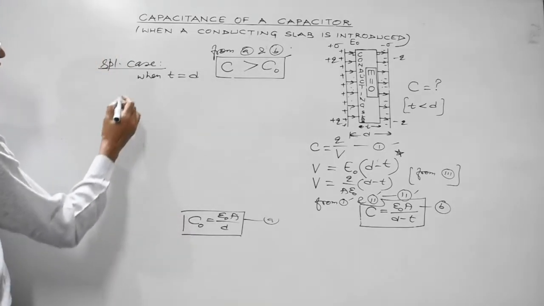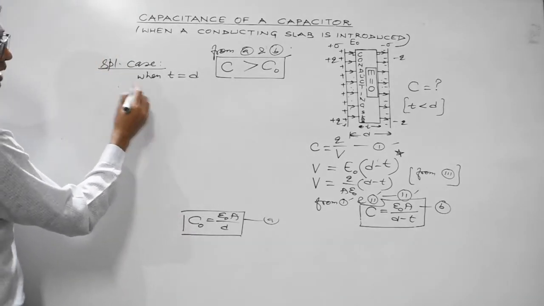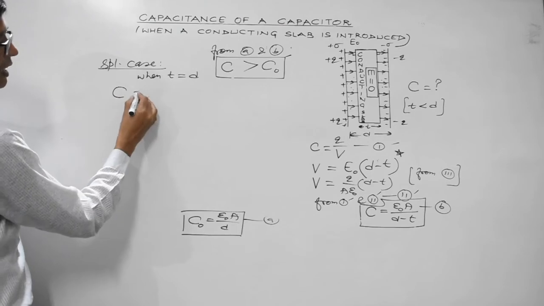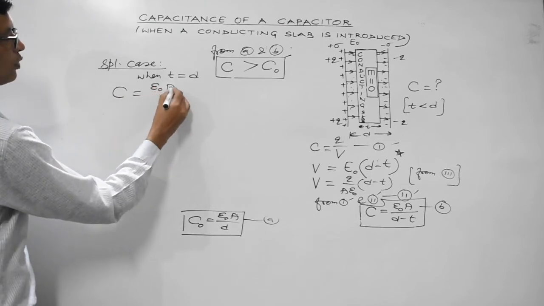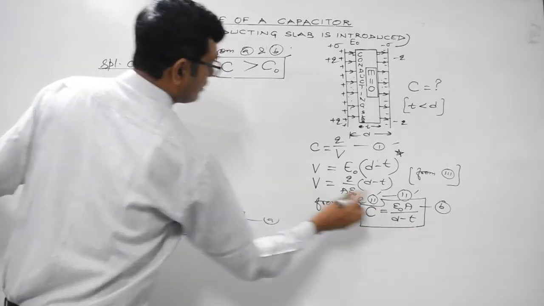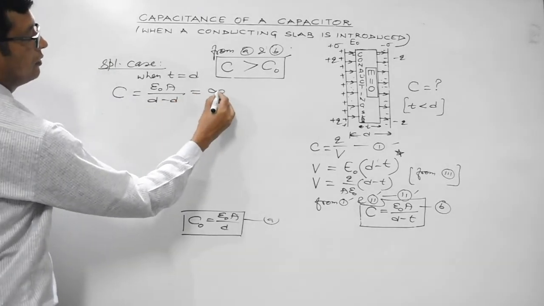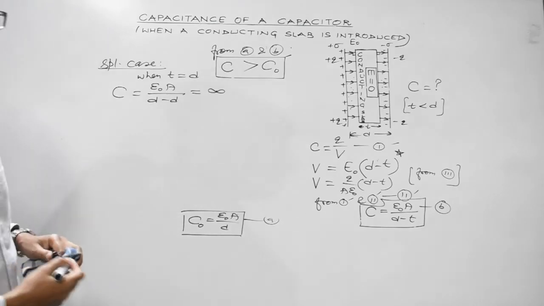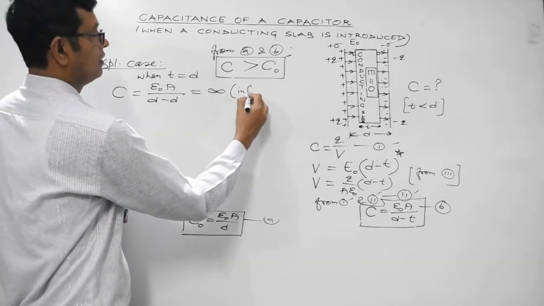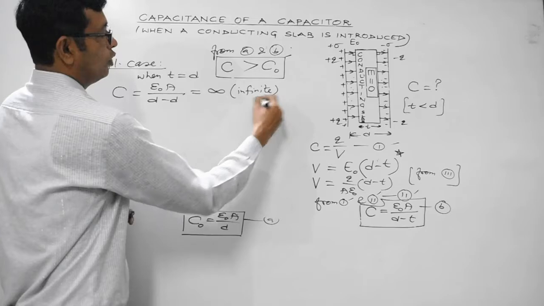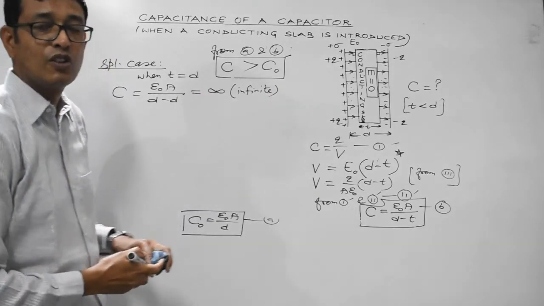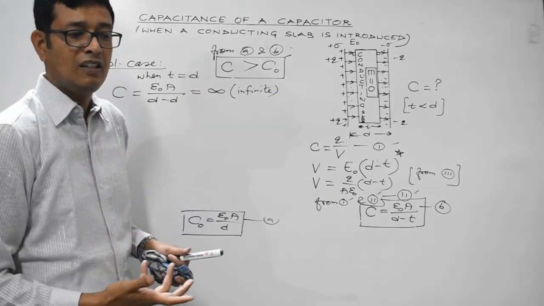So, in such a situation, C will be given by epsilon A divided by D minus T. It will be D minus T, so it will be infinite. Right? So in this case, the capacitance of the capacitor will become infinite.